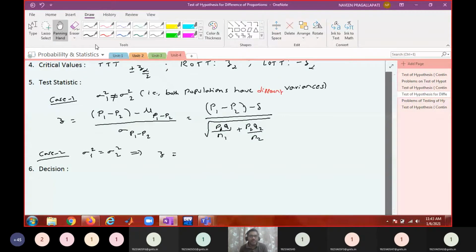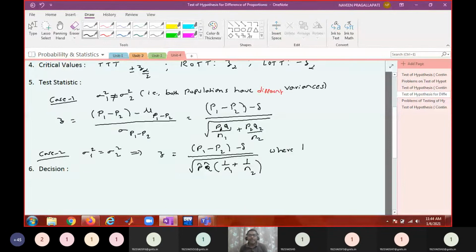So this will be equal to p1 minus p2 minus delta by, if you are assuming both have the same variance, root of P cap Q cap into 1 by n1 plus 1 by n2, where P cap is the pooling proportion.